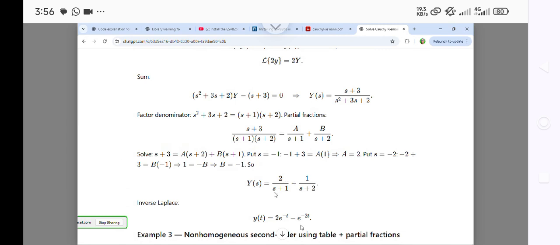The exponential is e to the minus t, because this is +1, so it becomes -1t. Because this is +2, it becomes e to the -2t. The minus is still there. This is from the Laplace transform of 1 over s + 2, and 2 over s + 1. If you check the table, this is synonymous with something in the table, and that's the exponential.